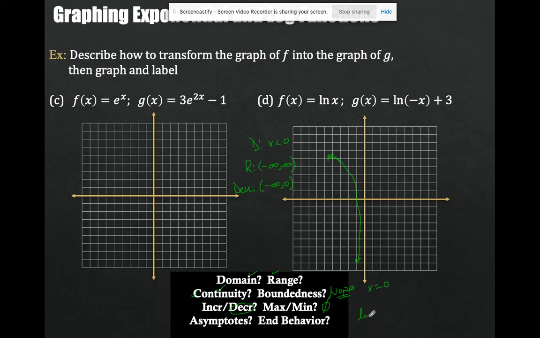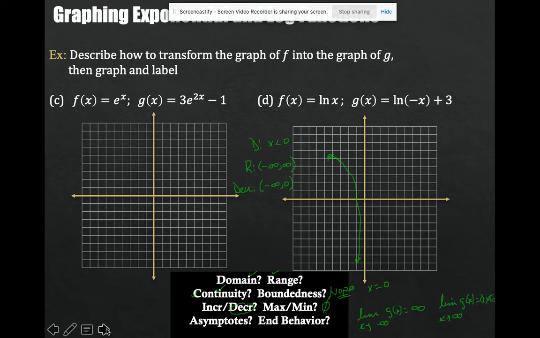And behavior, the limit as x goes to -infinity of g of x is what? Go to -infinity, this graph is going to positive infinity. The limit as x goes to positive infinity, there ain't no graph there, so I can't investigate. I can't plug in 1 million. I'm not allowed. My domain says x has to be less than 0, so there can't be any end behavior on the far right.